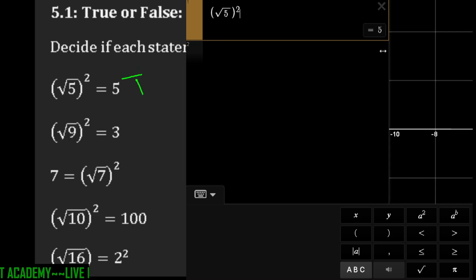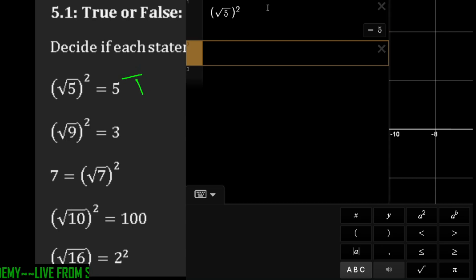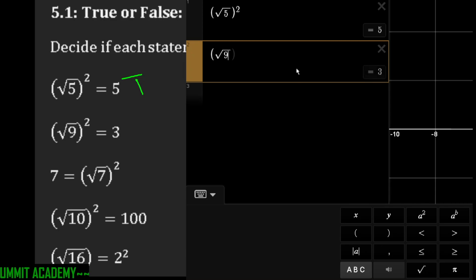However, if I look at the second one, I have the square root of 9 squared. It should be equal to 9, which it is not, so for that one, it's going to be false. Make sure you're seeing the difference between squaring something and taking the square root.